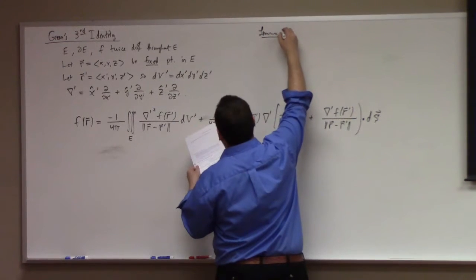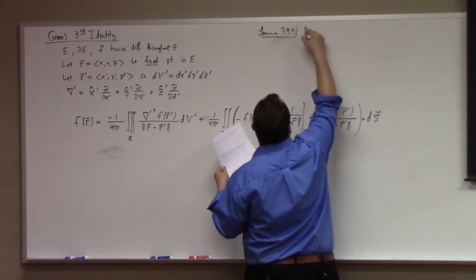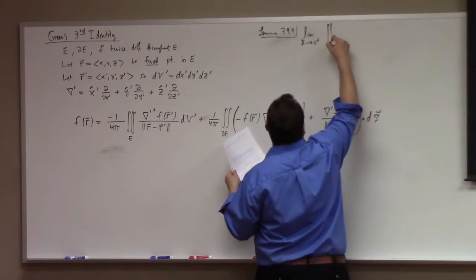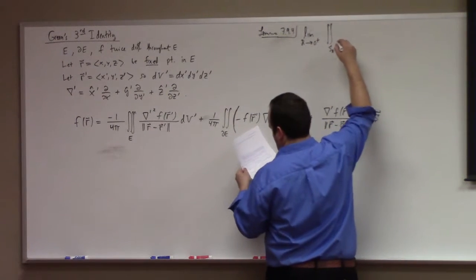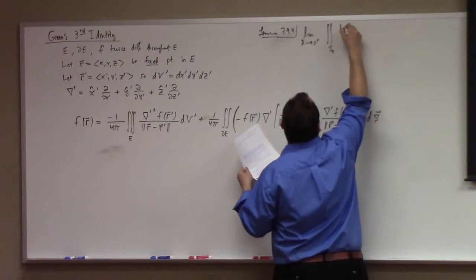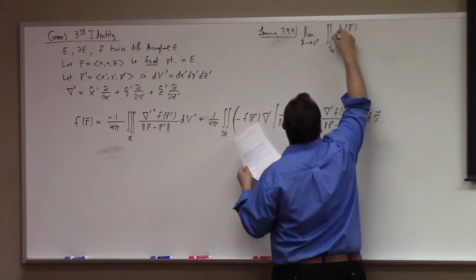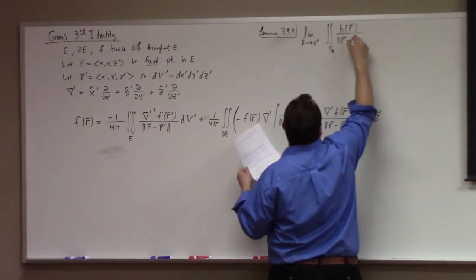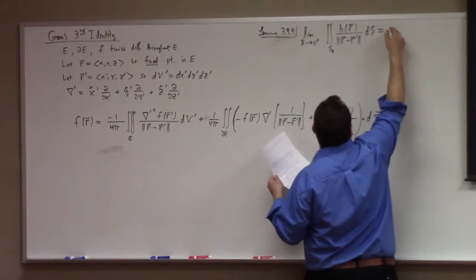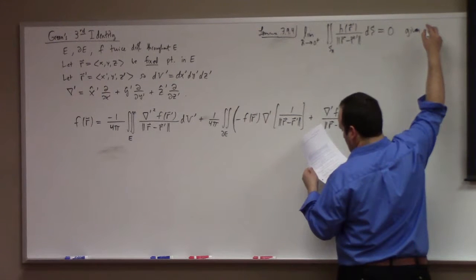Lemma 7.9.4, and it states that the limit as r goes to 0 from the right of the integral over S sub r, and that's a spherical shell of radius r, of h of r prime over the length of r minus r prime ds, is equal to 0, given that h is continuous.